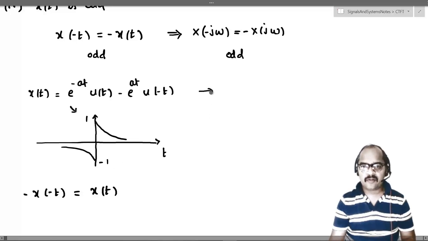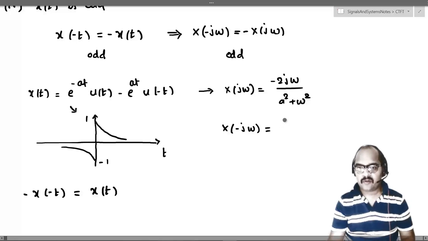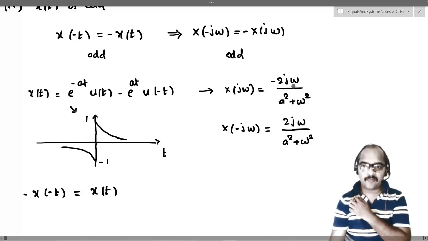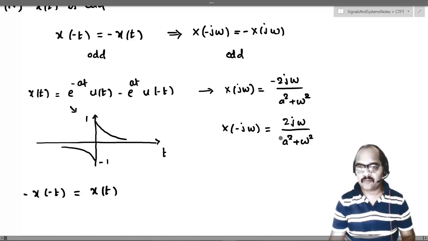So what happens to this Fourier transform? X of j omega, we got that to be minus 2j omega divided by a squared plus omega squared. Now let us see what property it satisfies. X of minus j omega would be equal to plus 2j omega by a squared plus omega squared. Why? You replace omega with minus omega, you'll get 2j omega by a square plus minus omega whole square.